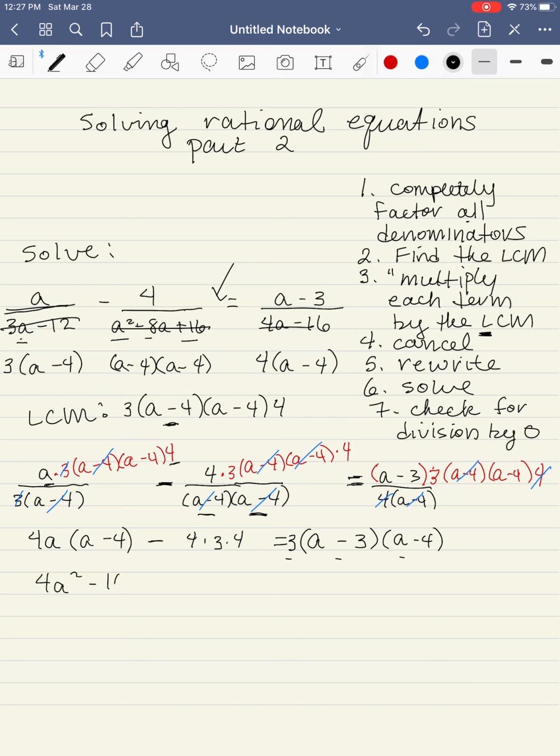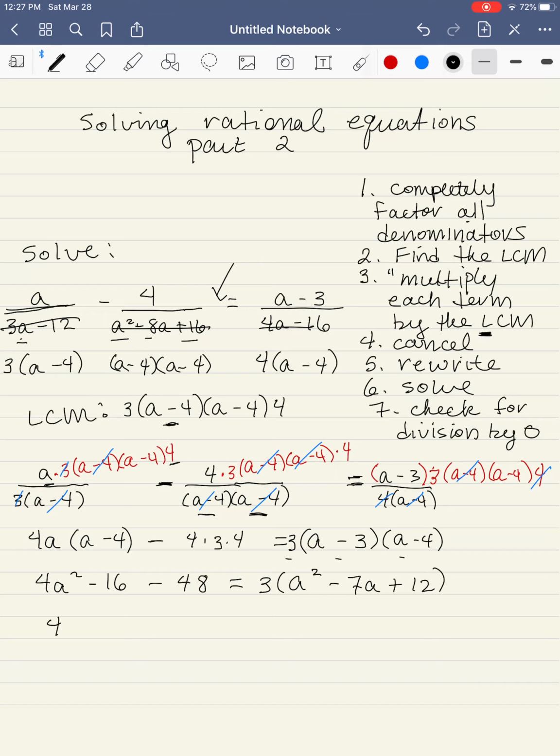Okay, I have 4a squared minus 16 minus 4 times 3 times 4 is 48 equals, and at this step I'm going to multiply the two a minus 3 times a minus 4, so the 3 just drops down, and I have a squared minus 3a minus 4a is minus 7a, negative 3 times negative 4 is plus 12.